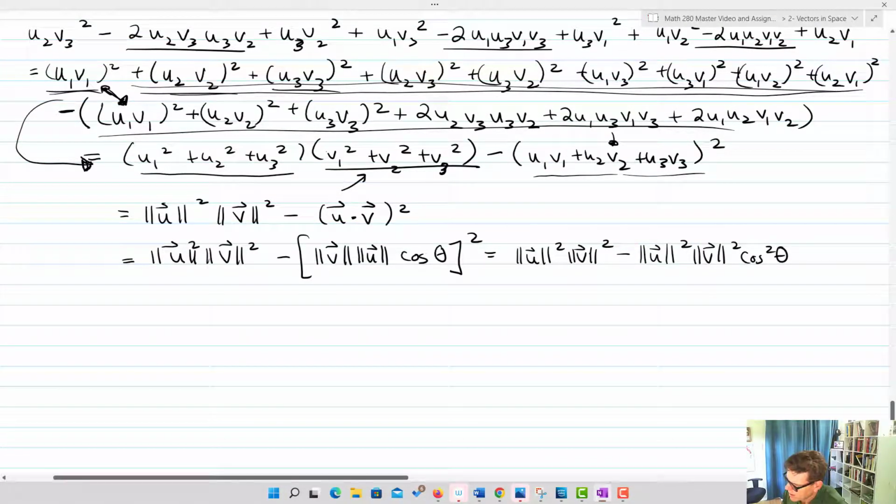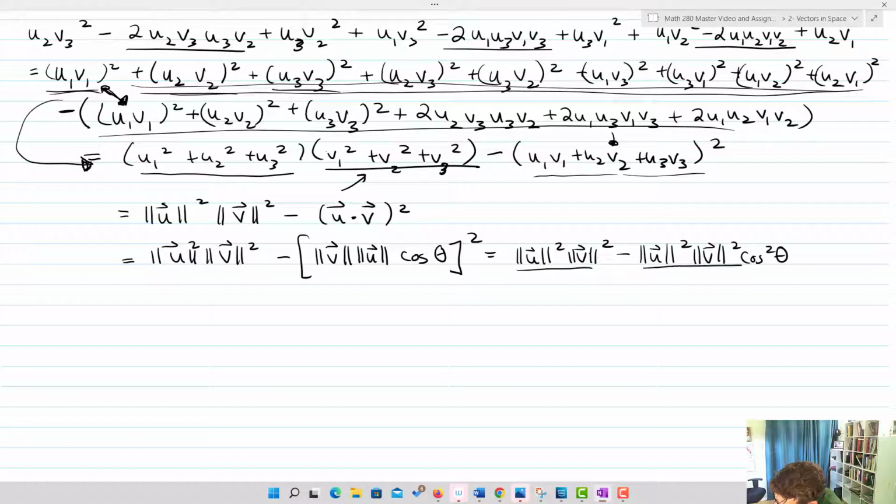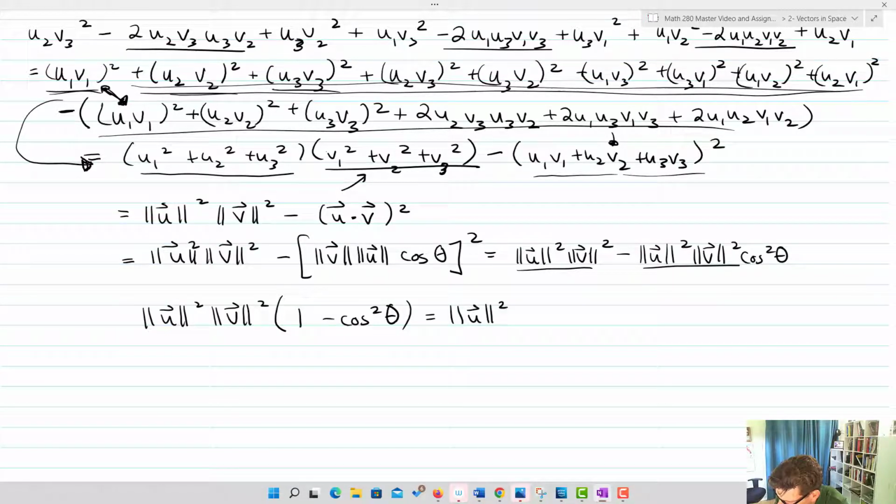There you go. Now all I'm going to do is factor out u squared v squared. What I'm left with is 1 minus cosine squared theta, which you should recognize as the Pythagorean identity. So it's going to be the magnitude of u squared, the magnitude of v squared, sine squared theta.